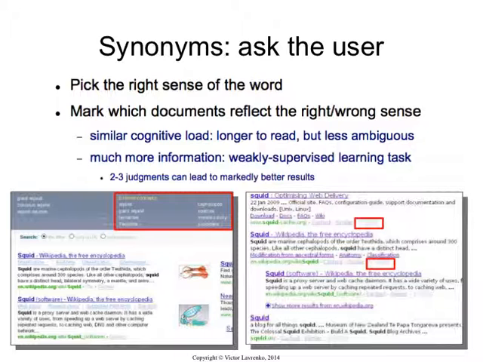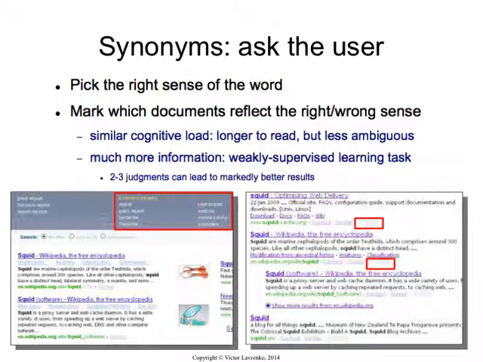So think about what Google is doing. What's the difference between this approach and this approach? Yahoo was asking you to disambiguate the query. They were trying to say, you typed in squid, did you mean this or that or that? What Google was trying to do is say, well, maybe you don't know what you meant exactly.